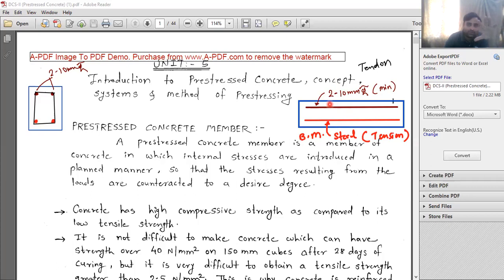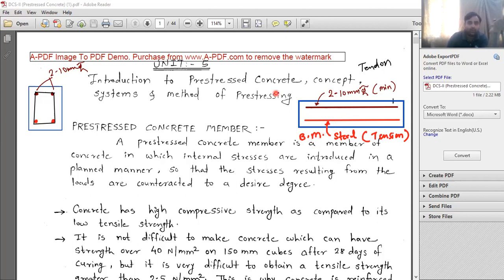We do not specify stress by direction, but this load is vertically downward, so normally the stress induced is tensile at the bottom and compressive at the top. To counteract those stresses, we apply forces on this tendon so that the stress level tries to neutralize that.